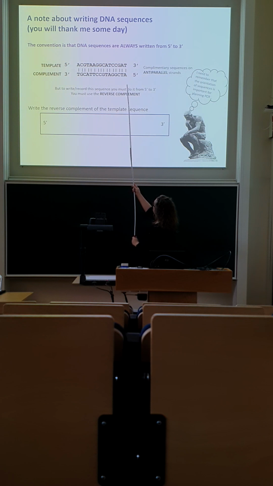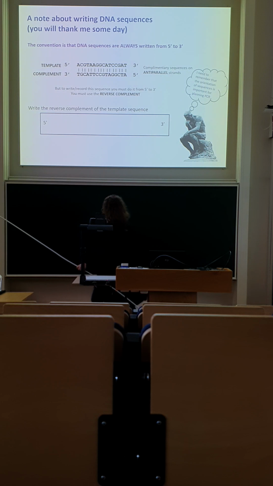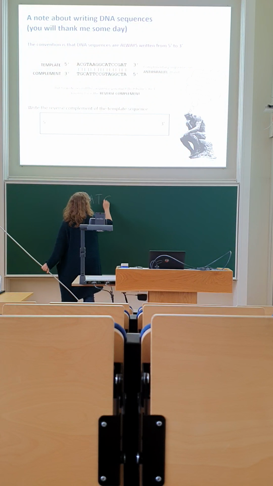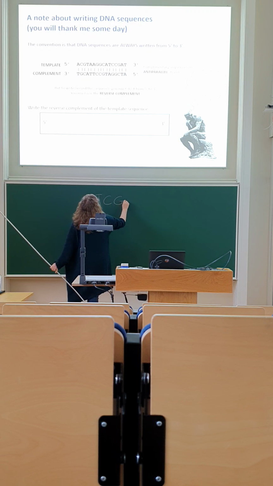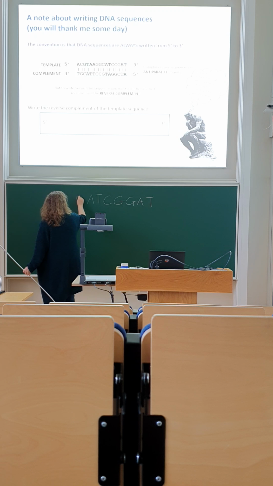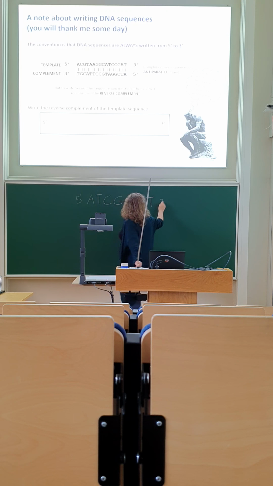But to write this sequence into this box, you would actually need to write it A, T, C, G, G. So it would be like this. Because this is the 5' and this is the 3'.